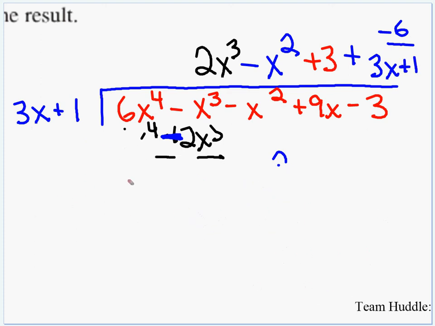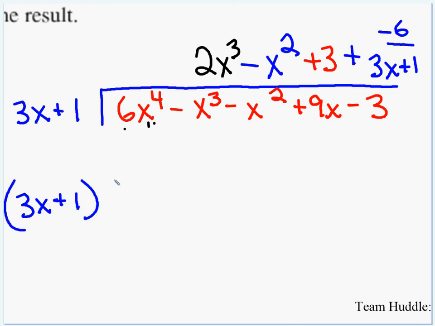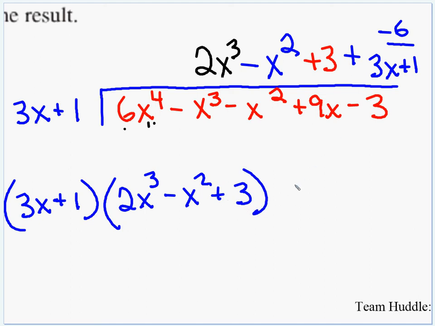All right, let's see if we did everything right when we check it. So here is our 3x plus 1. And we're going to multiply that out with 2x cubed minus x squared plus 3. And we can make this its own separate term, plus a negative 6 over that 3x plus 1.